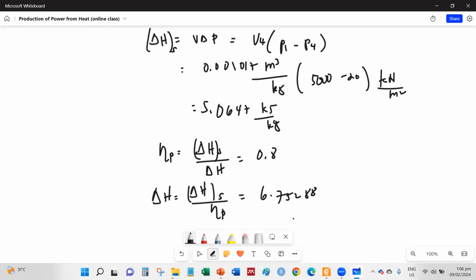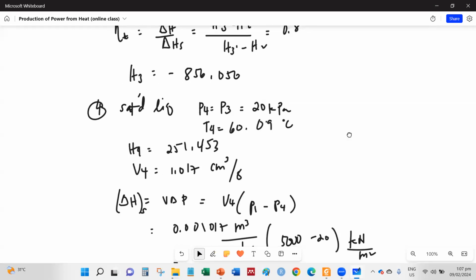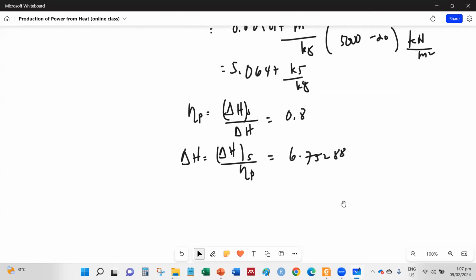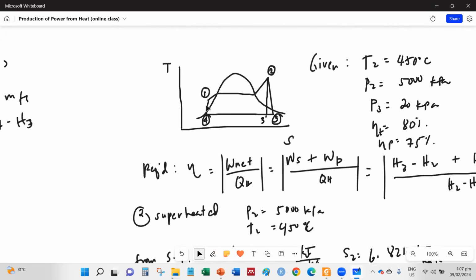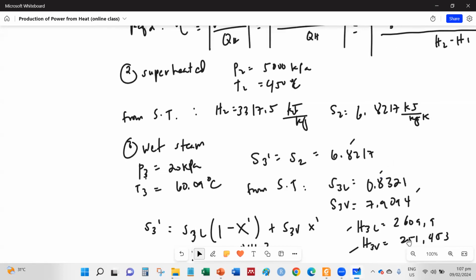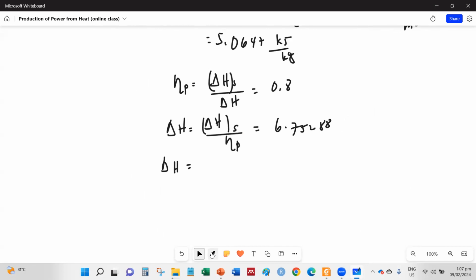Now that we know delta H, we can use it to calculate H1, because we have H4. Delta H at this point is for the pump, so H1 minus H4.